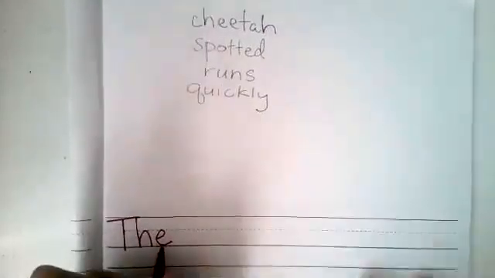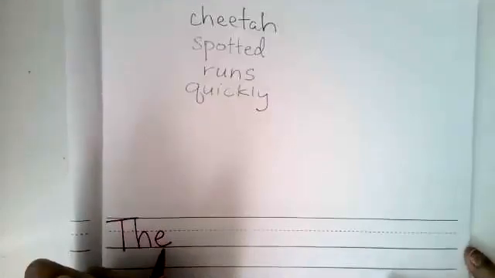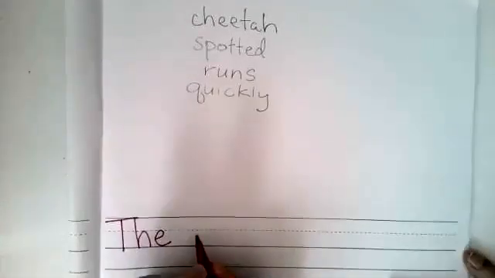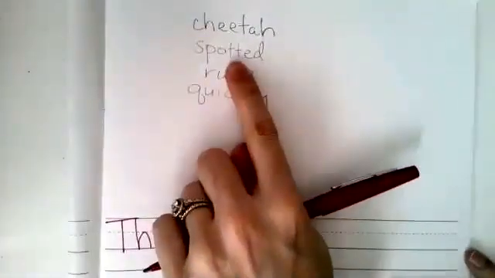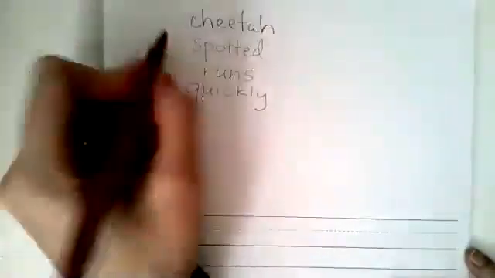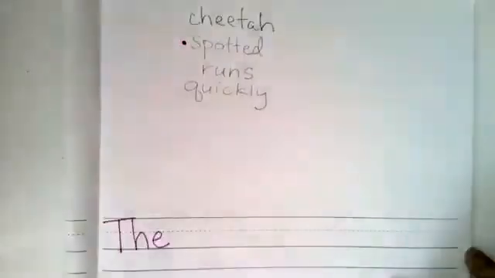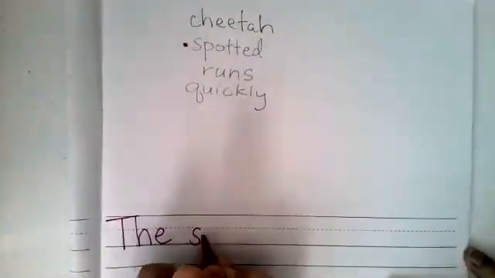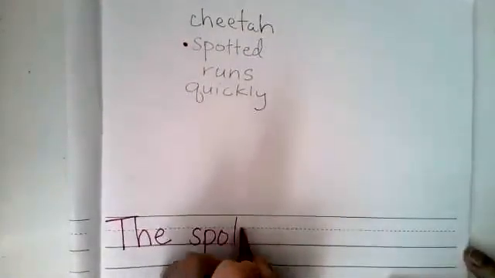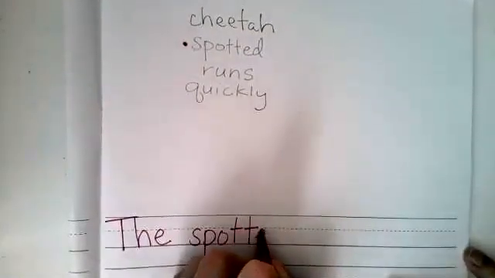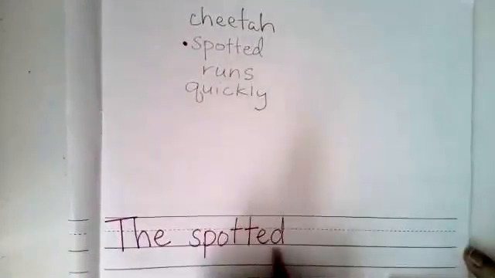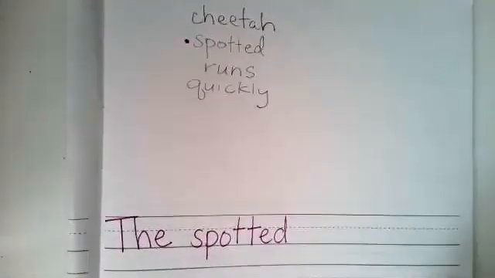Now I can use all my words to make a cool descriptive sentence. I want my describing word. We said spotted. Our cheetah was spotted, so I'm going to use that word first. The spotted. Ooh, and look, we have that ending ed in spotted.